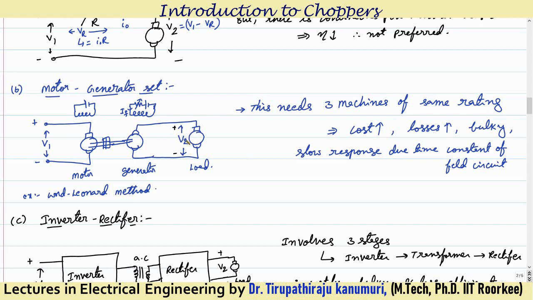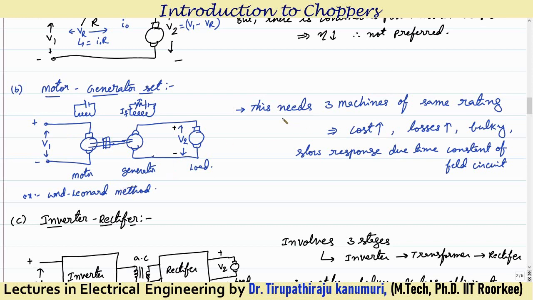But the disadvantage is that this generator has to supply the total load, and because it is driven by this motor, the generator as well as the motor rating should be greater than or equal to the rating of your drive. That means the cost becomes 3 times. The second disadvantage is that two steps are involved: first electrical energy is converted to mechanical energy, then mechanical to electrical, then supplied. So during the energy conversion, the losses will be very high, and the size also increases drastically.